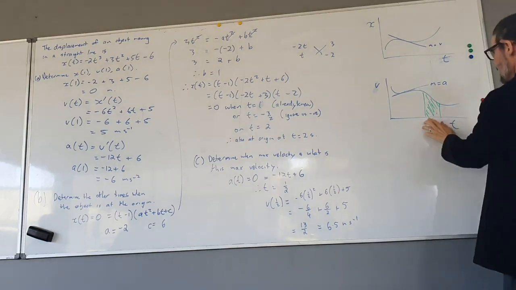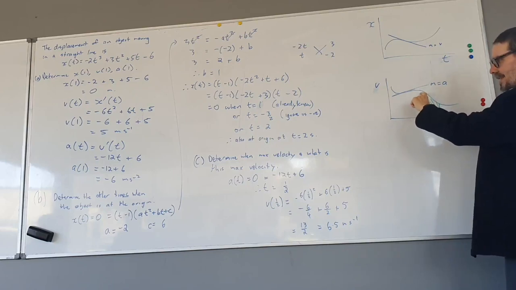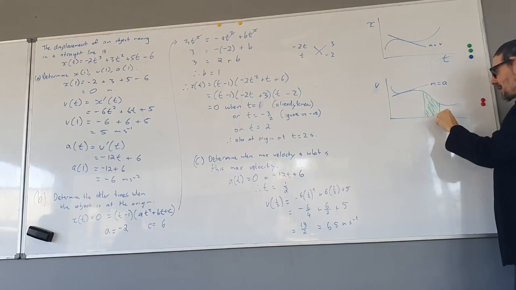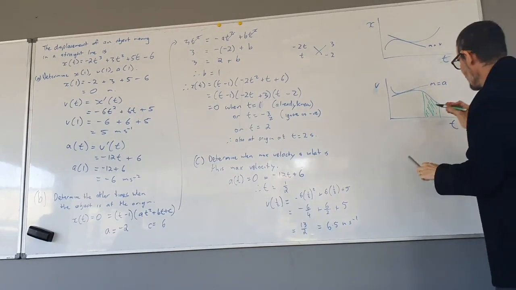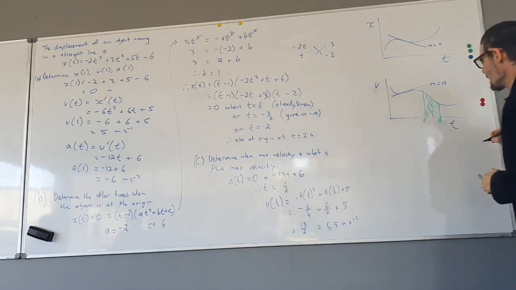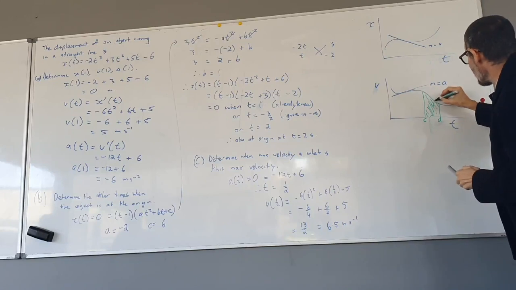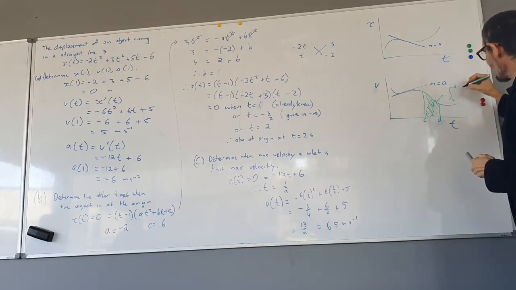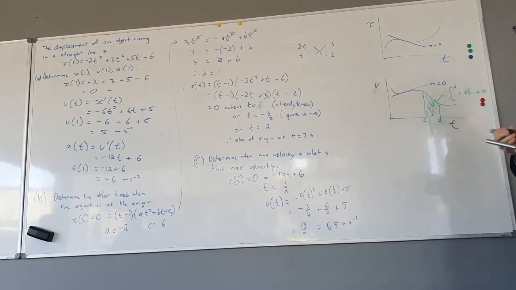Imagine this was like a rectangle or something similar. I'm going velocity times the time you're travelling at that speed. So this, let me go C and D. This area is the integral from C to D of velocity. That's the displacement over that interval.